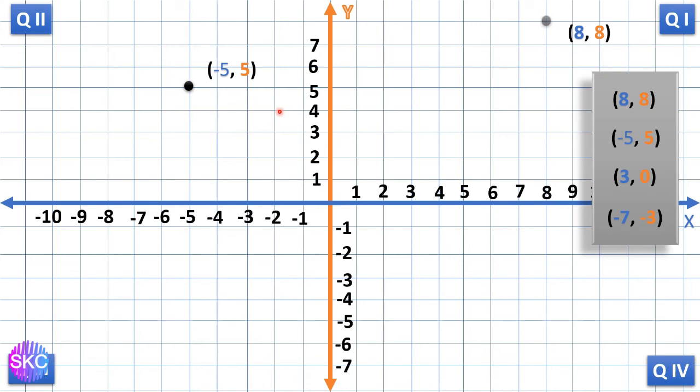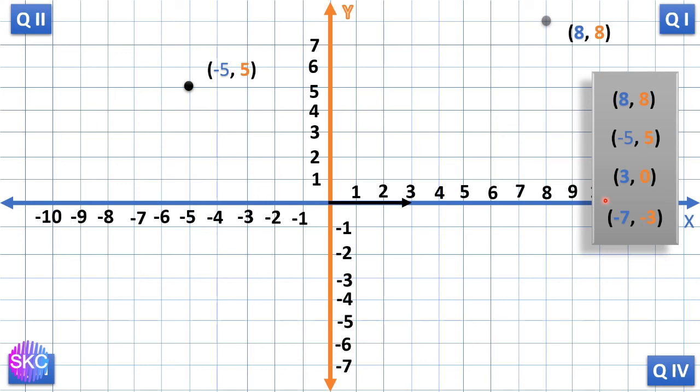So, the next one is 3, 0. Okay. So, from the origin, we count 3 units to the right. And so, nag-stop siya sa 3. And then, the value of y is 0. So, that means there will be no movement at all. Kasi nga 0 siya.